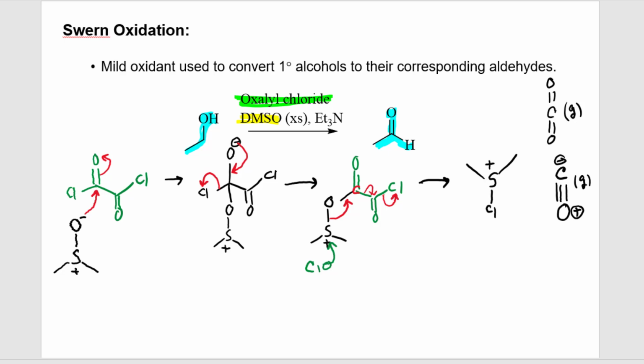Well, now that we have this species, all of that is pre-treated. You add the oxalyl chloride and the DMSO together. This all happens. And then you start slowly adding your alcohol. So in comes the alcohol that we're interested in. The alcohol reacts with the sulfur.